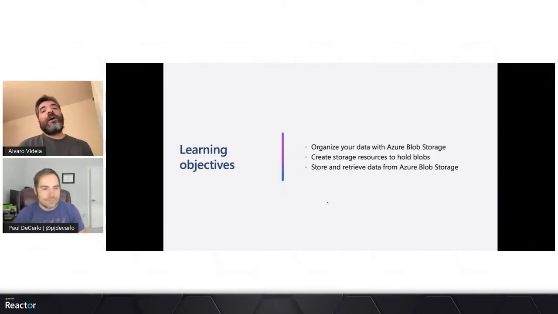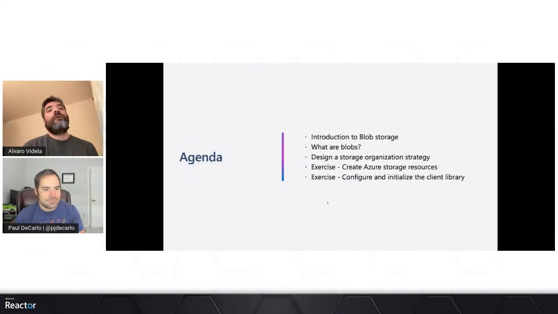The objectives are that you can learn to organize your data with Azure Blob Storage, create storage resources to hold blobs, and store and retrieve data from Azure Blob Storage. In the agenda, we'll do an introduction to Blob Storage, discuss what blobs are, and do a bit of recap from last session.